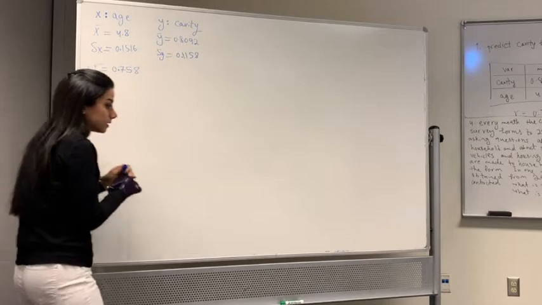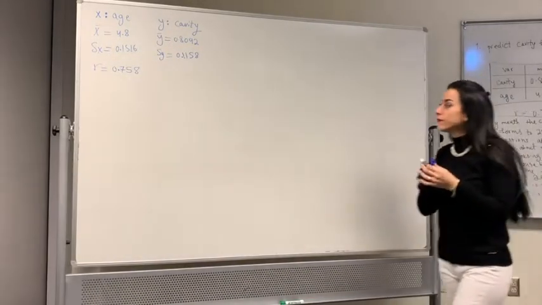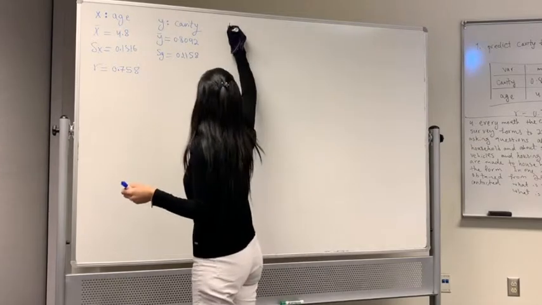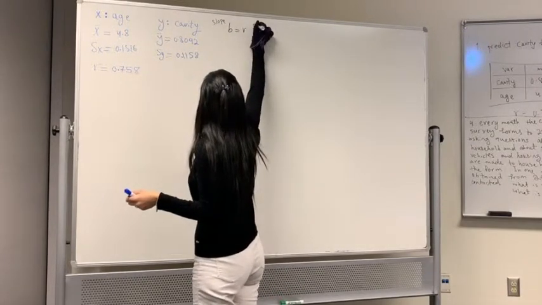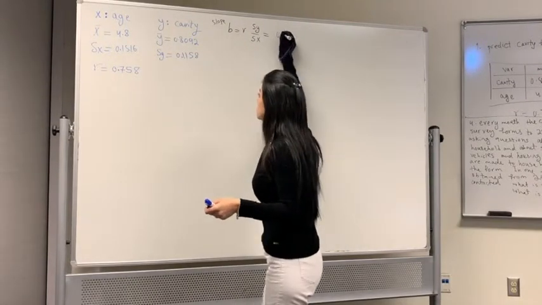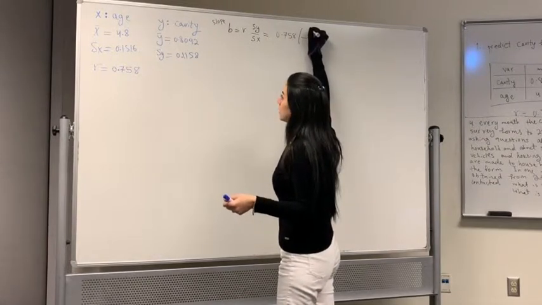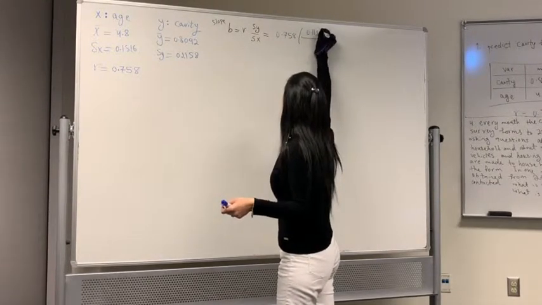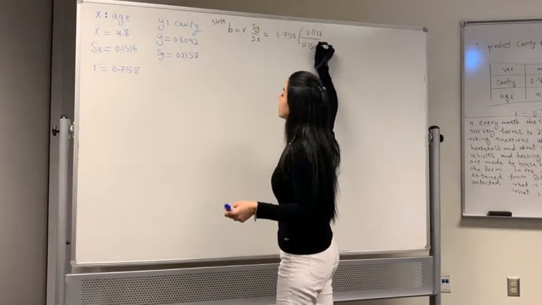The slope is B equal to R multiplied by S of Y divided by S of X. So 0.758 multiplied by S of Y, which is 0.1158, divided by 0.1516.